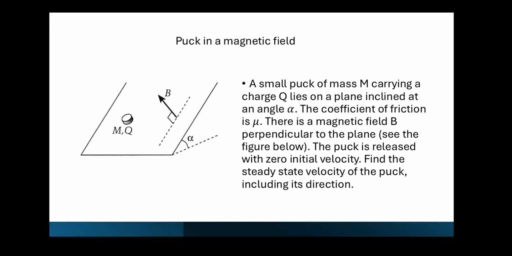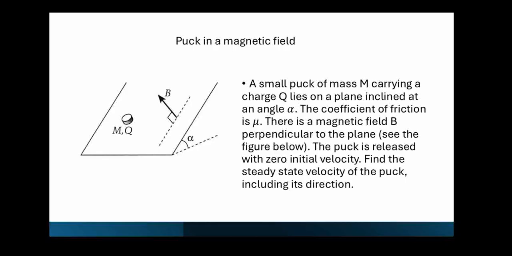The coefficient of friction is mu, of course, between the incline and the puck, and there is a magnetic field B perpendicular to the plane. See in the figure, not below. The puck is released with zero initial velocity. Find the steady state velocity of the puck, including its direction.